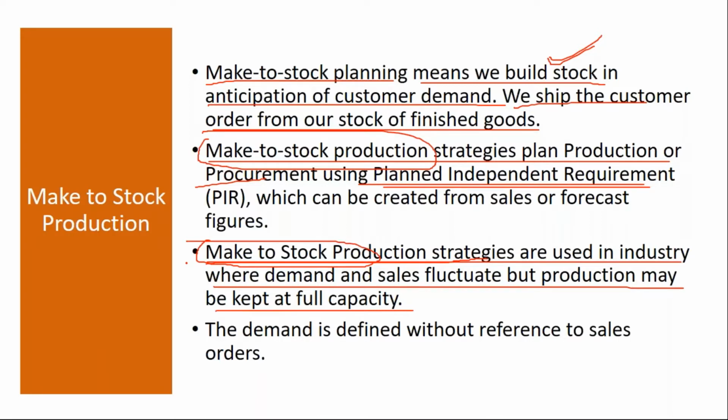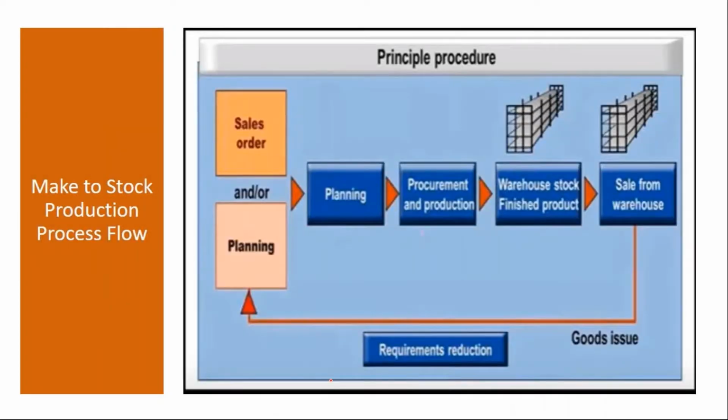Where sometimes your demand may go high, sometimes demand may be less, but they want to produce all the time. In those kinds of industries, they go for make to stock production. The demand is defined without reference to sales orders. Here, your demand is not related to sales orders, only the PIRs, planned independent requirements. So this is the make to stock production principle basically.